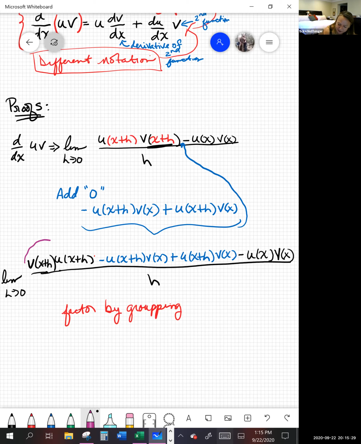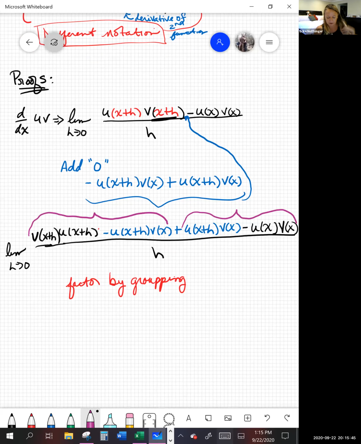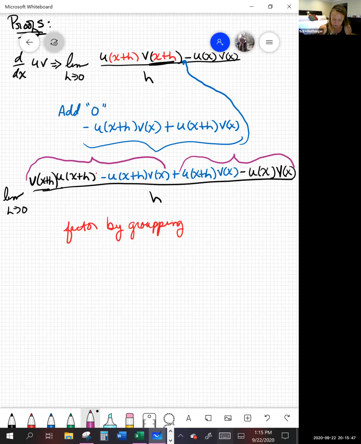So looking at this, we want to factor by grouping. Factoring by grouping is something that we do sometimes, like when we were completing the square, we manipulated things so we could factor by grouping. Maybe not that one, that's not what I'm talking about, but that's okay. Anyways, here, notice what we have in common. We have this u of x plus h in common with the first two pieces.